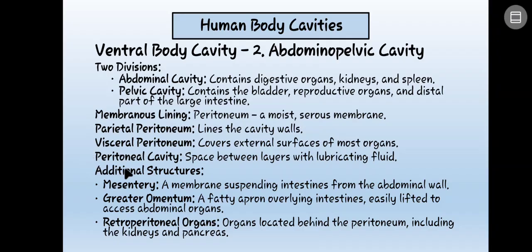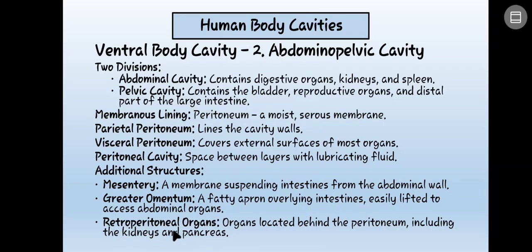The kidney, for example, is a retroperitoneal organ, meaning it is behind the peritoneum. It's not within the peritoneum. So we have a peritoneal cavity within the abdominal cavity, and it contains a fluid we call the peritoneal fluid.